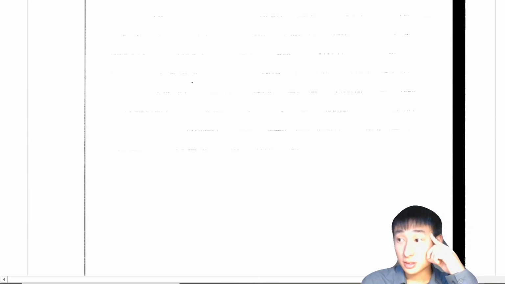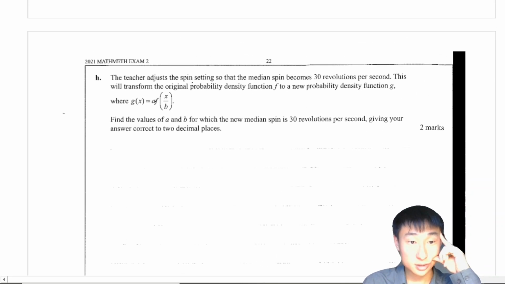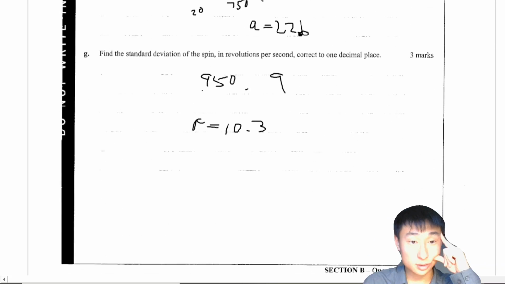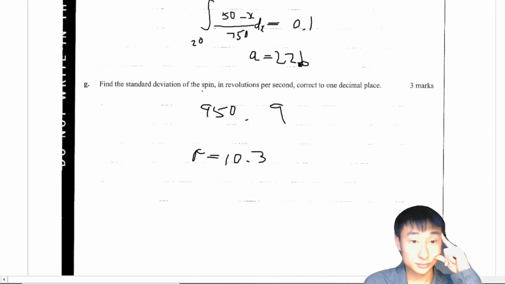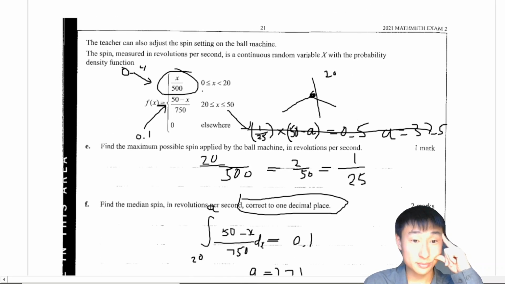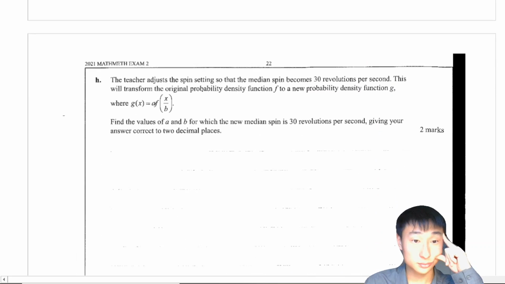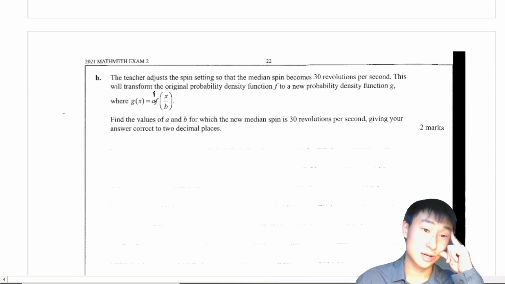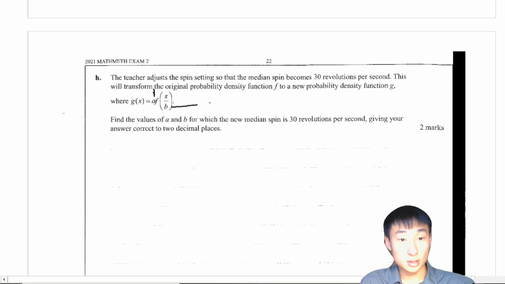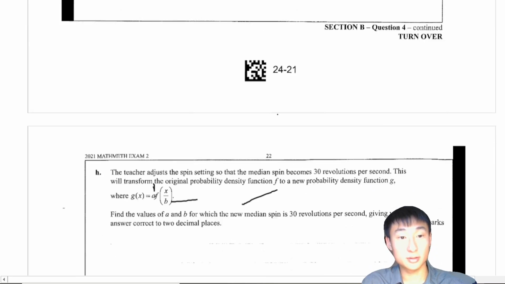So if there are two dilations, then the median spin becomes 30. There's a dilation factor A from the x-axis, dilation factor B from the y-axis. The graph looks something like this right now.